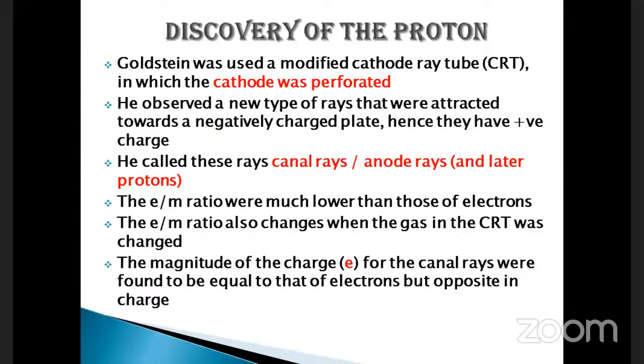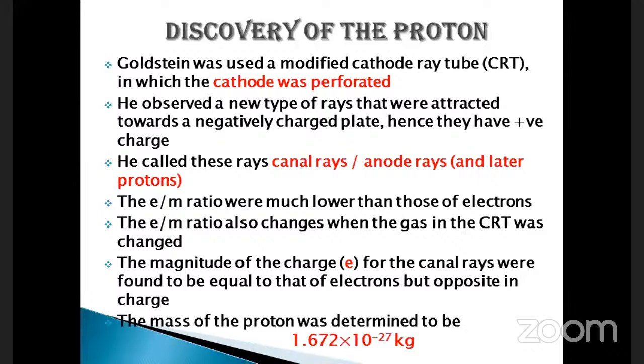The magnitude for the charge was also determined and was found to be 1.672 times 10 raised to power minus 27 kilogram. Remember, for electrons, it was 9.11 times 10 raised to power minus 31. So the protons are a bit heavier.